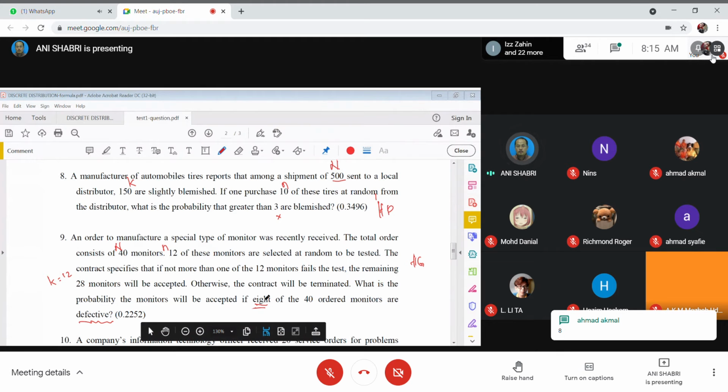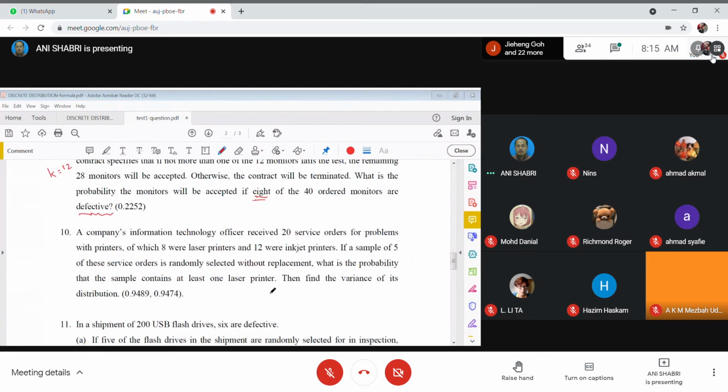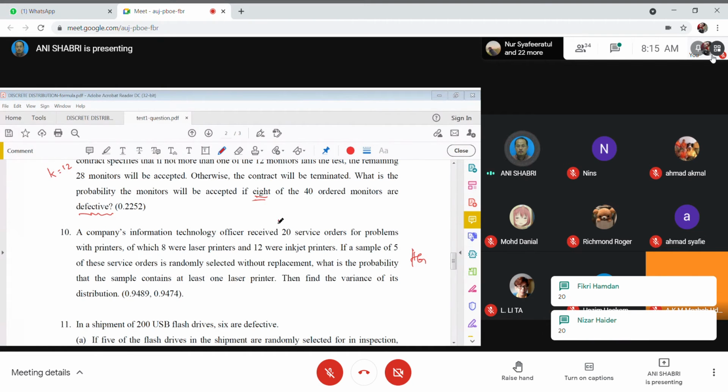Number 8 is 8. Okay, number 10. What is the value? This is the same as the previous one, hypergeometric. What is the value of capital N? 20.